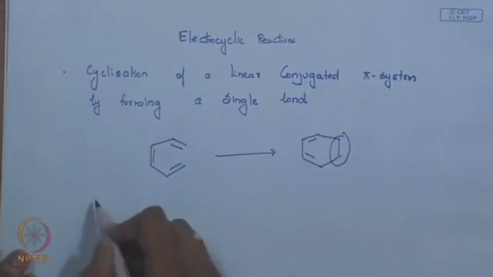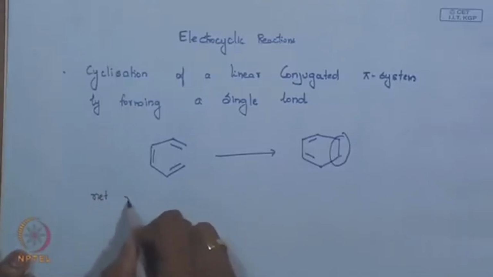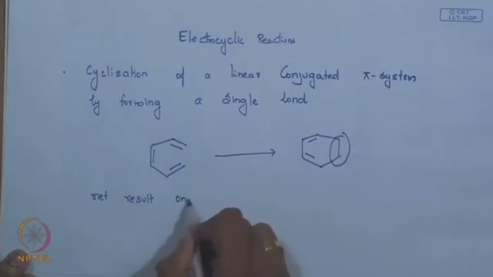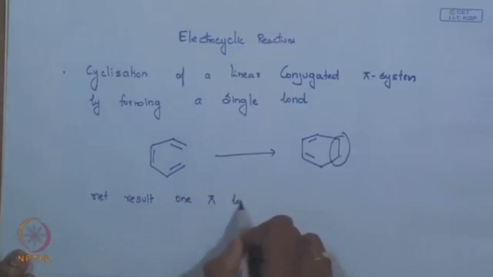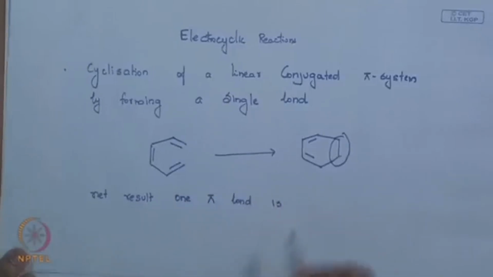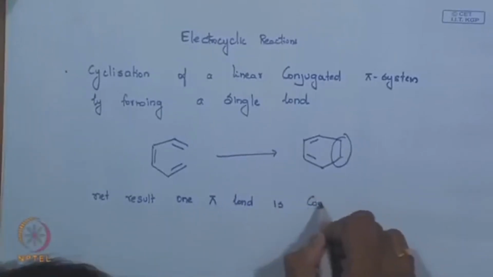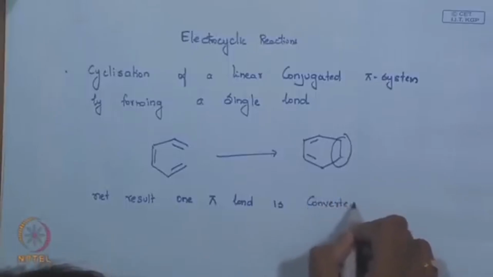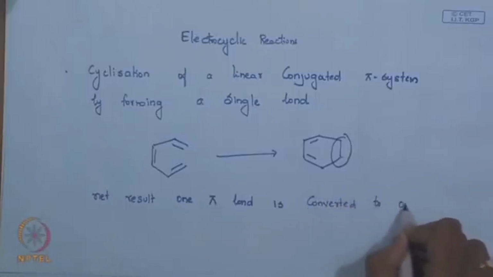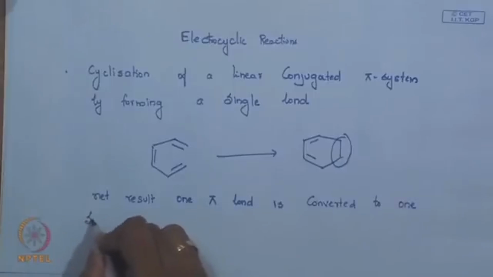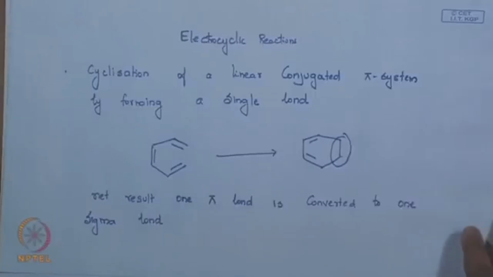What I mean here, in net result, is that one pi bond is converted to one sigma bond. So, that is your basic definition of electrocyclic reaction.